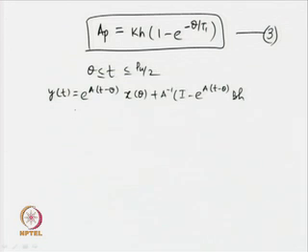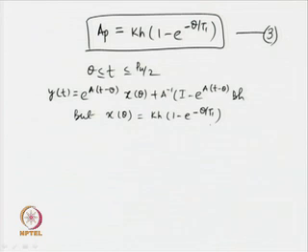But we know that x theta is equal to k h 1 minus e to the power minus theta upon T 1, or in the general form x theta is given as a inverse e to the power a theta minus I b h.